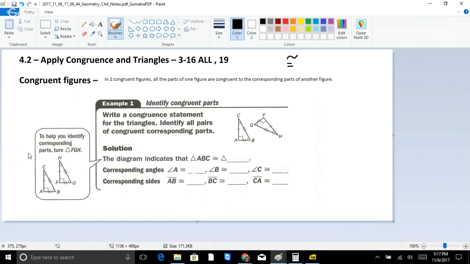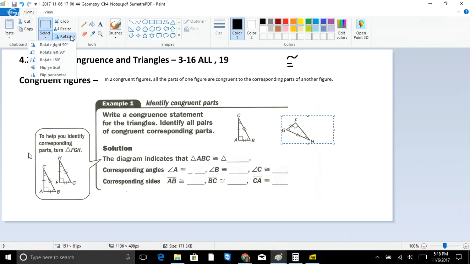Our two triangles here are marked up like crazy. Remember, these marks actually indicate congruence as well. One of the things you want to do when you look at these, and they've done it off to the side here, is a lot of times it helps if you take the figure and rotate it. Let's see if we can rotate it.